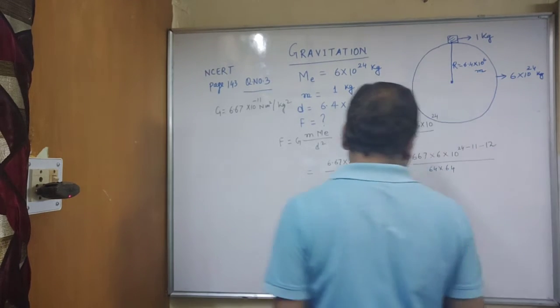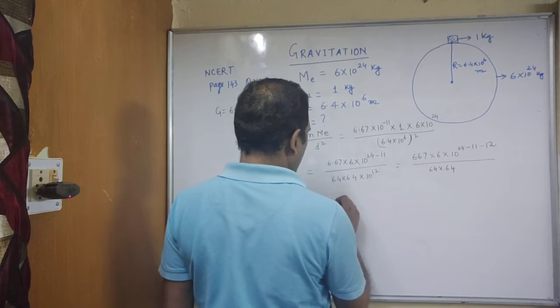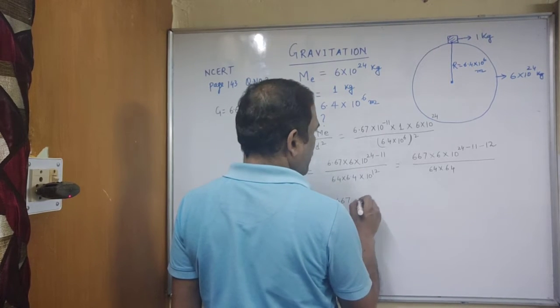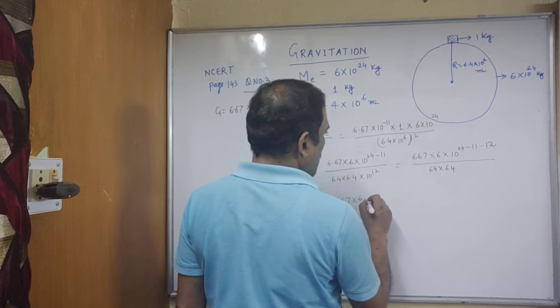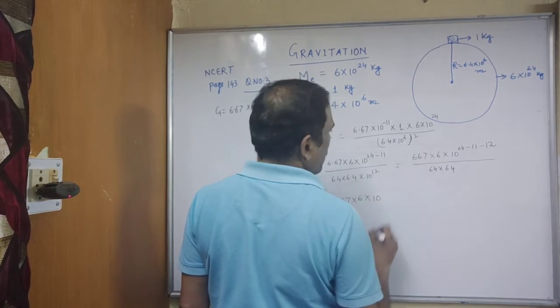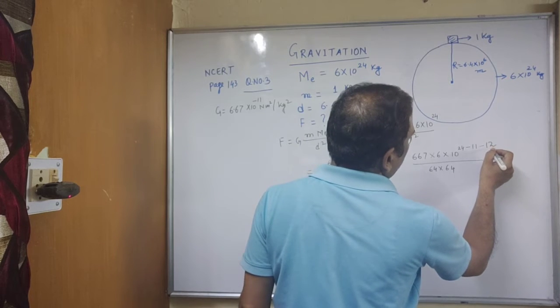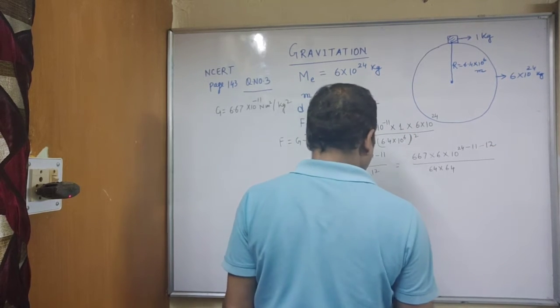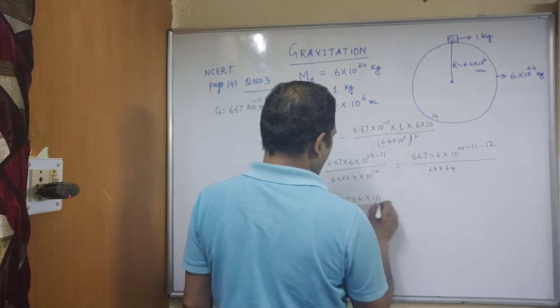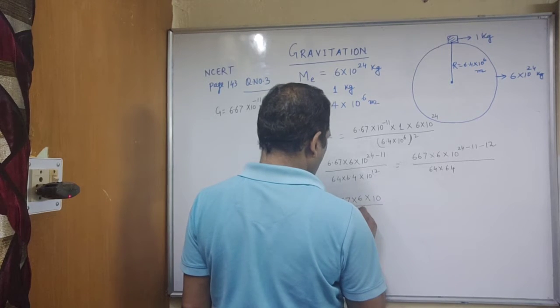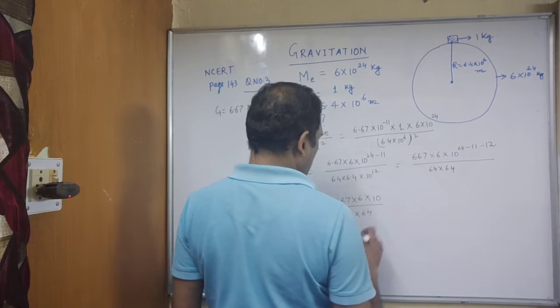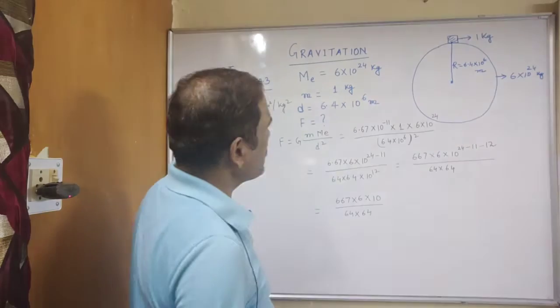So further if you simplify, it will be 667 into 6 and 10 to the power 24 minus 23. So simply we will get 10, and here we have 64 into 64. Now try to simplify it.